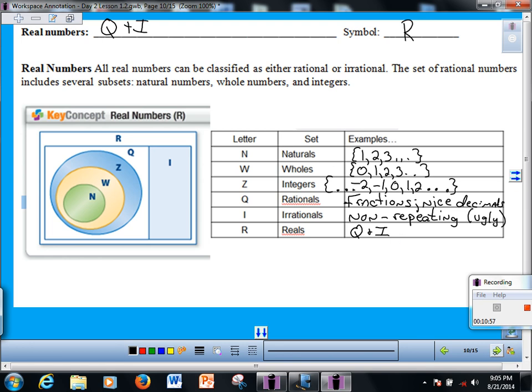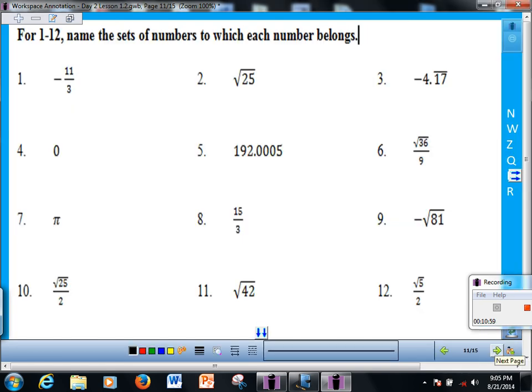Jump over to your next page then. I'm going to give you some numbers. We're going to decide what sets they belong to. So on the left side of the board and on your sheet now, we're going to have the set of numbers that have the natural, the wholes, the integers, the rationals. I'm going to put the irrational over here out of my way a little bit, and then the real. All of these numbers in here belong to the real numbers.